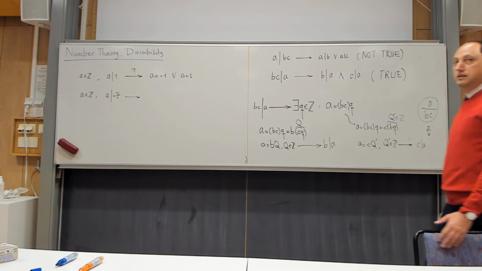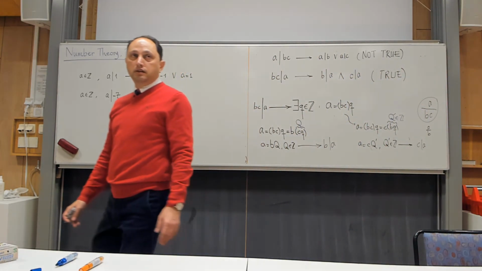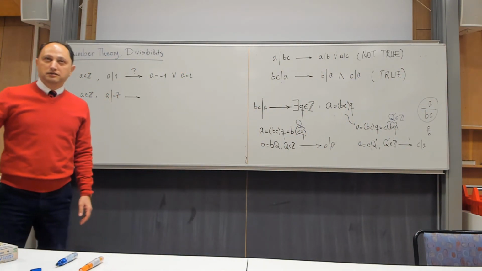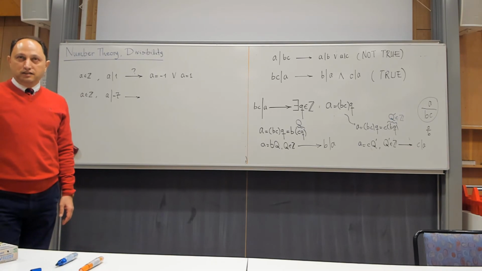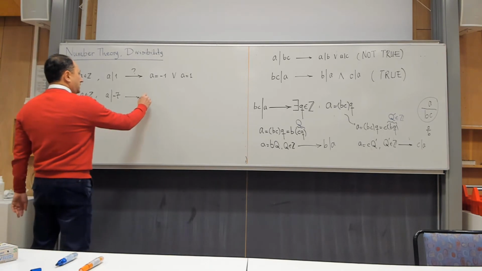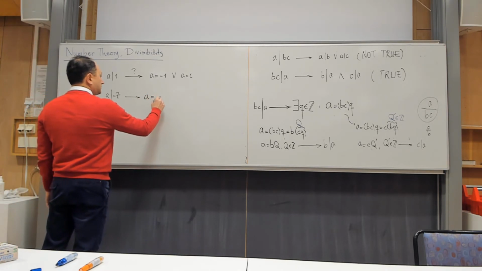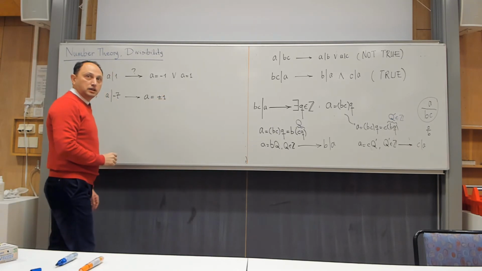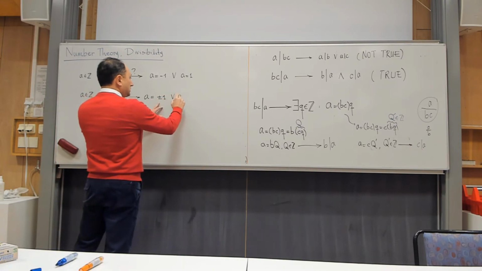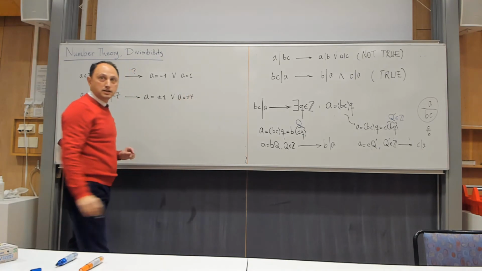How many possibilities are there? Yes? I would say 3. Minus 7 itself, 7, and 1, or minus 1. So this means that A is plus or minus 1. Yes? Two scenarios. Or plus or minus 7.